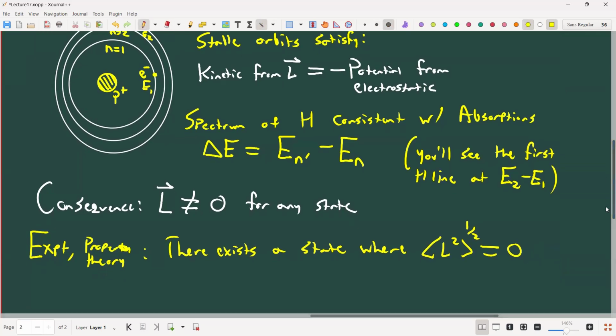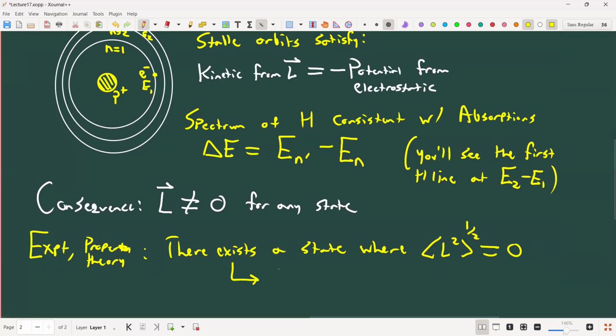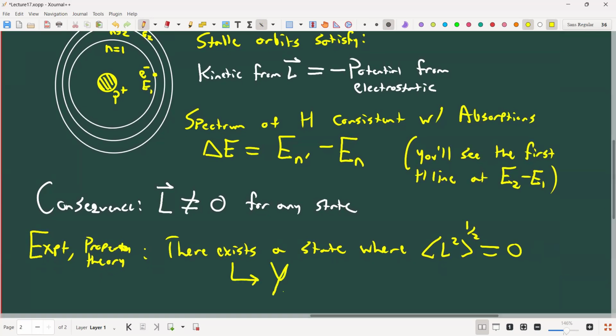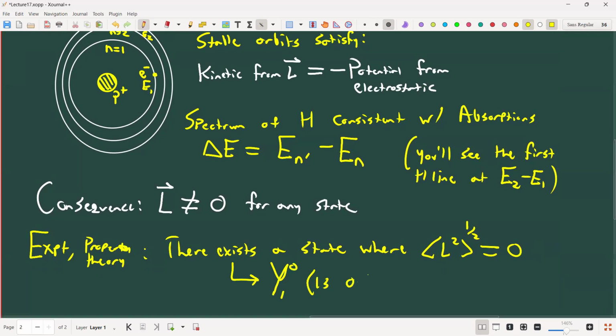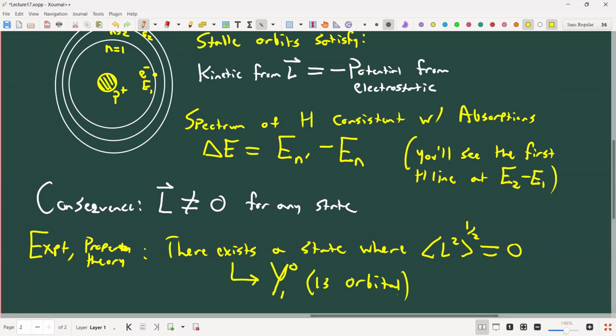So this is the s orbital. This is the Y_1^0 state or the 1s orbital, which is a stable orbit. The electron is perfectly fine staying in the 1s orbital, but it has no angular momentum.